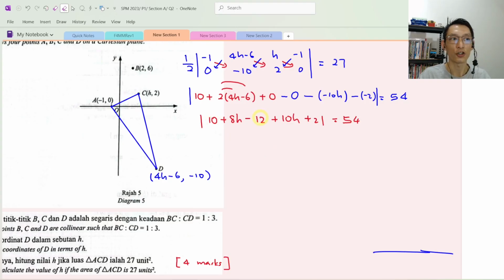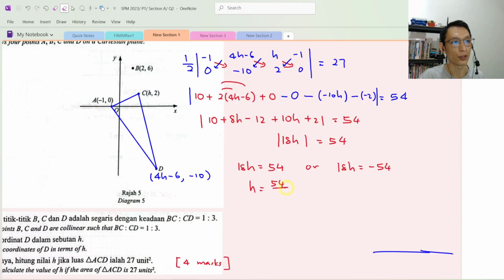Okay, 10 plus 12, you will get 22. Then 22 plus 2 gives 24, and we have 18h. So 18h is equal to 54, or 18h is equal to -54. So h is equal to 54 divided by 18, you will get h is equal to 3.